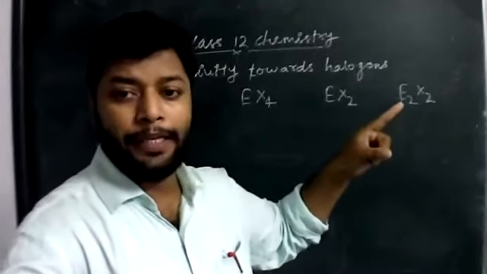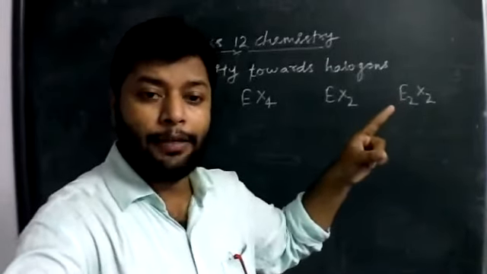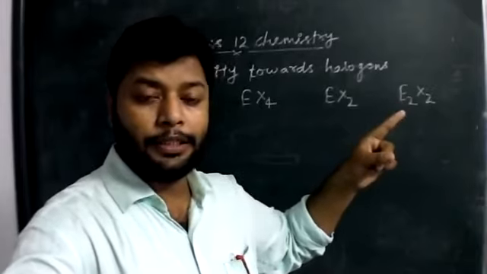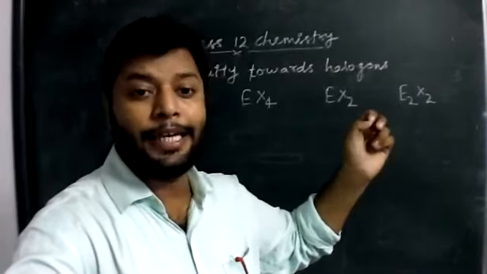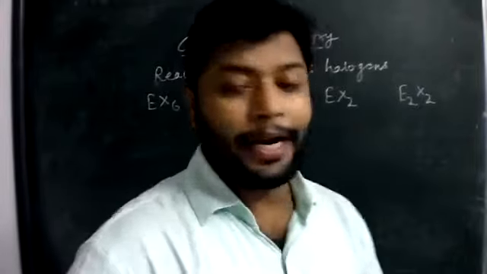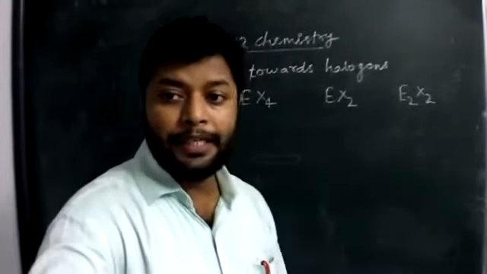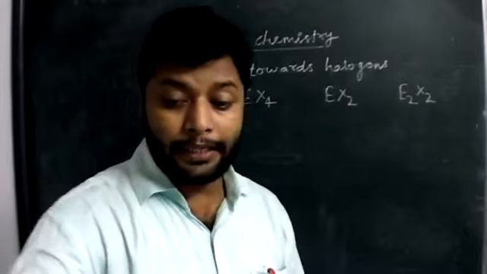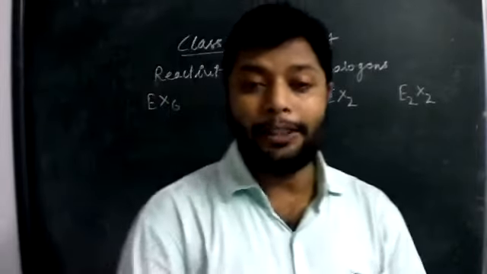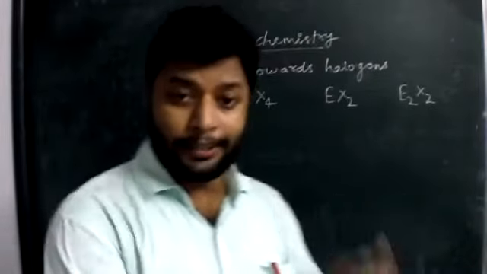You can see here E stands for element, and E2X2 means the dimer form of the monohalides EX. Some of the monohalides are present as dimers, and that is the only important reaction in this section.